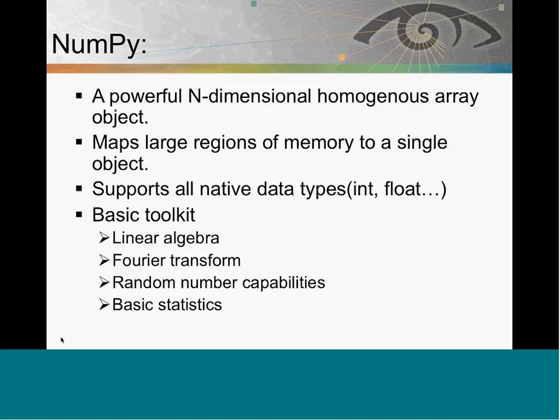You can have MPI code on top of NumPy objects, and because of the NumPy object structure, it's easy to do parallel programming using NumPy objects. It supports most native data types available in Python, like integer, float, complex numbers, and it provides linear algebra functionality, fast Fourier transformations, random number capabilities, and basic statistics.